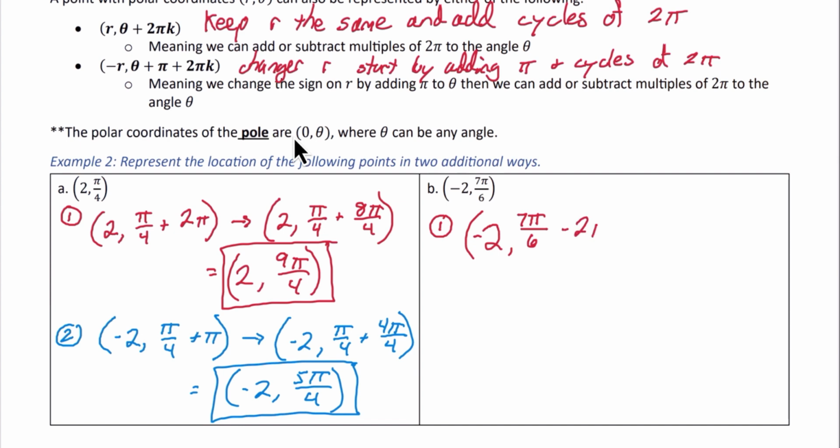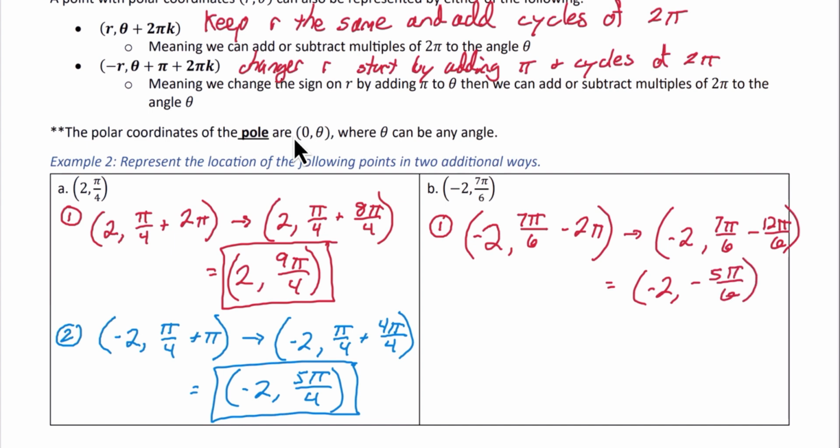Let's subtract this time. We have negative 2, and again, we'll need to get an equivalent denominator. So 2π is 12π/6. This gives us (-2, -5π/6). Again, this is the same point, just written a slightly different way.